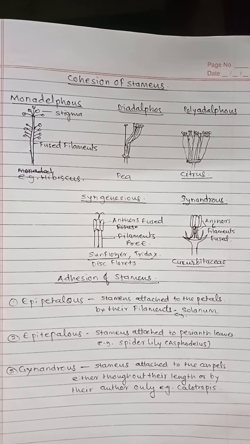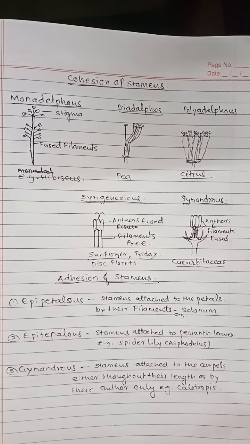Example is Cajanus, moong, urad, etc. Then polyadelphous. Filaments of all the stamens unite to form more than two bundles, and the anthers are free. Such polyadelphous condition is found in citrus or lemon.